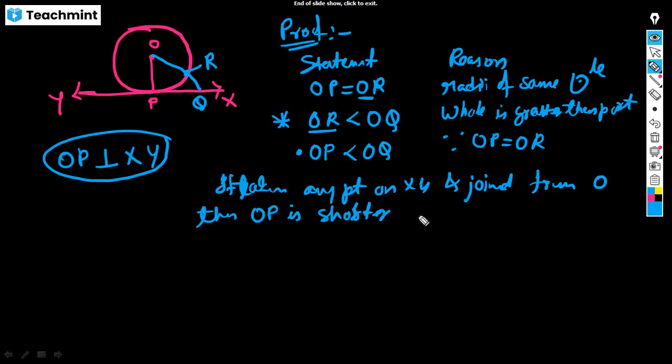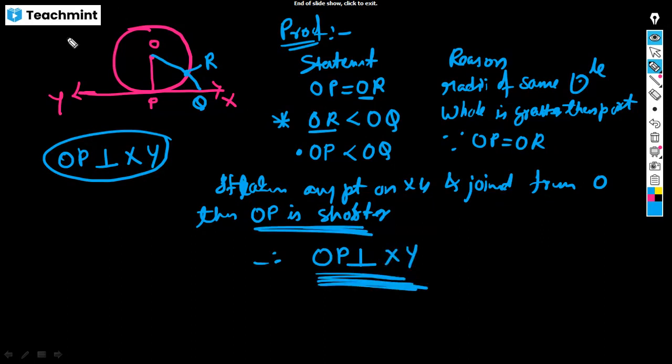So OP is the shortest distance, which is what I needed to prove. OP is a shorter distance, therefore OP is perpendicular to XY.